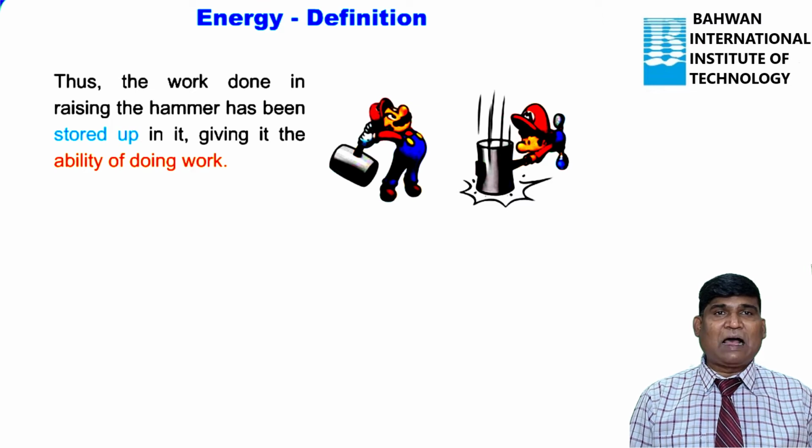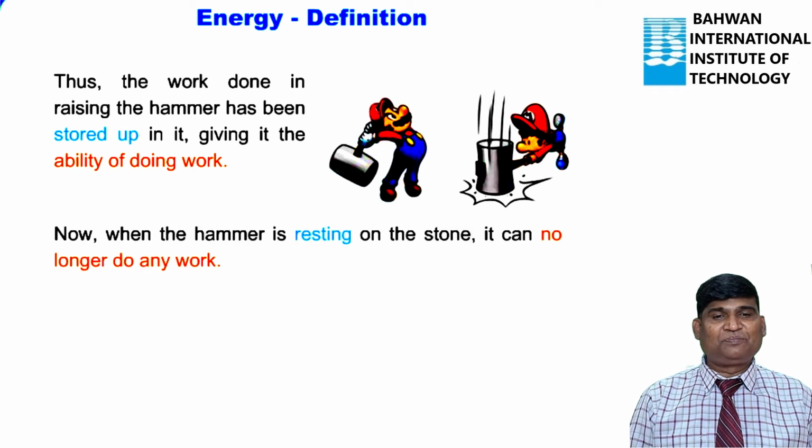That means the hammer got energy, and because of that energy, the hammer has the ability to do work. What work is the hammer doing? The hammer is breaking the stones. How did it get that ability? From the energy that the stone cutter has given to the hammer.